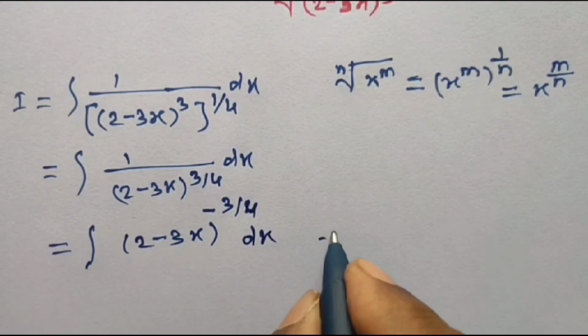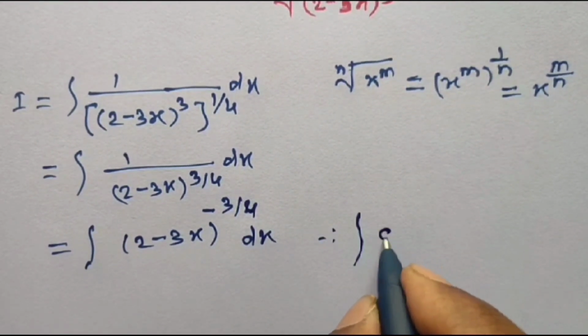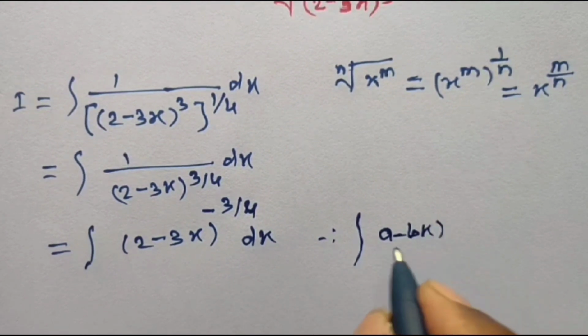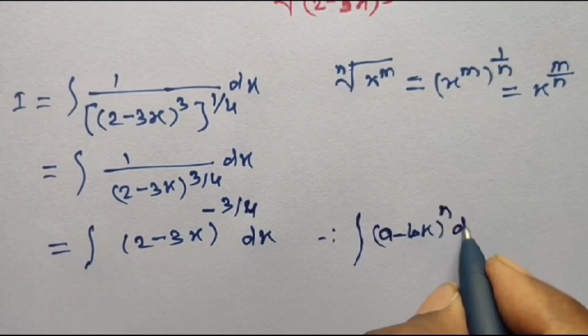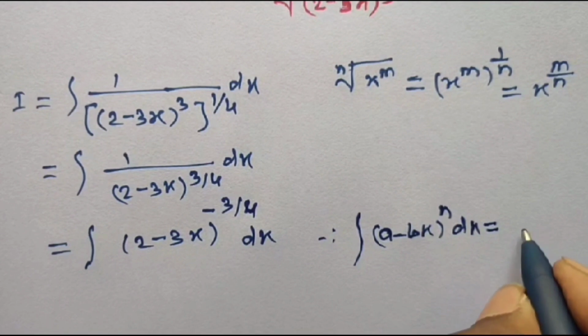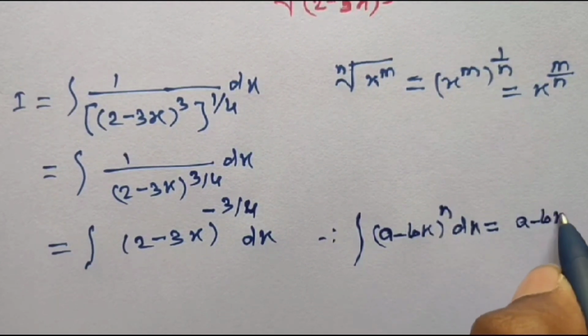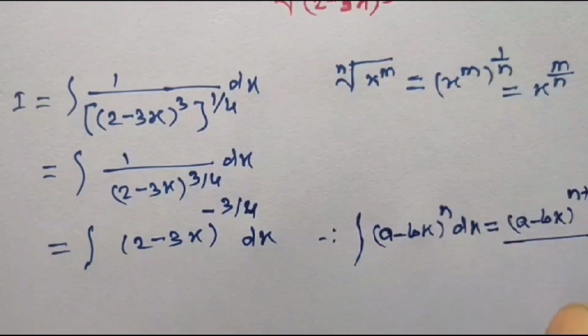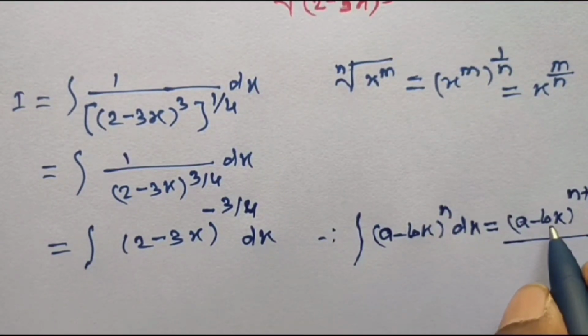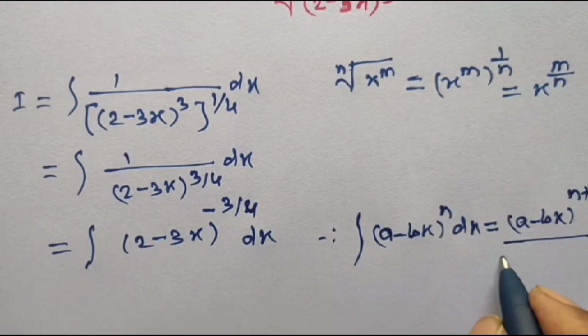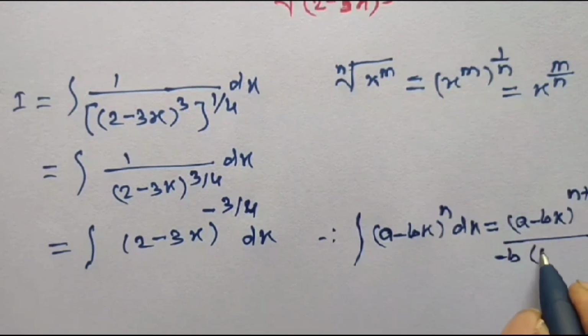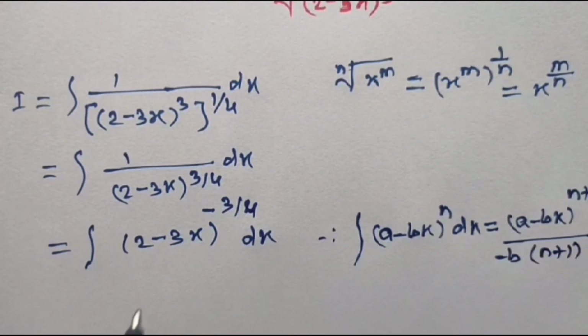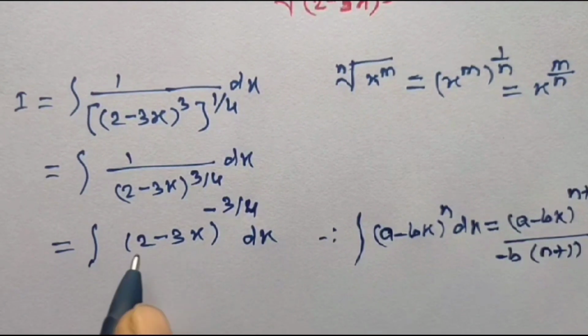But you know the formula of integration: the integral of (a minus bx) to the power n with respect to x is equal to (a minus bx) to the power n plus 1 divided by the derivative of a minus bx with respect to x, which is minus b, into n plus 1. Apply this formula here. Suppose b is 3 and a is 2.